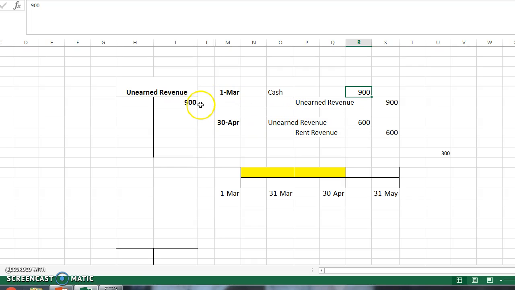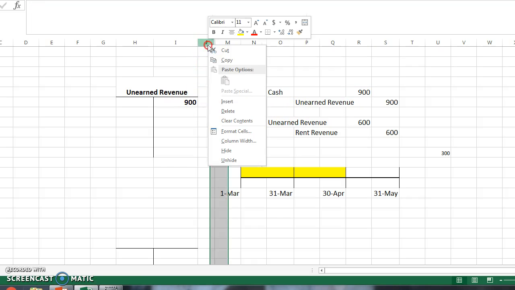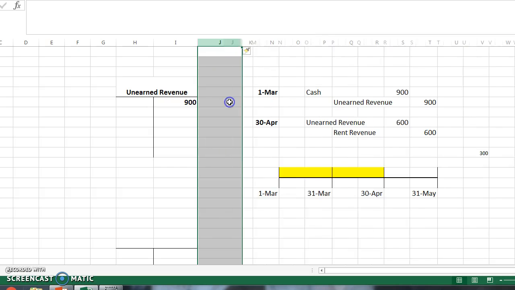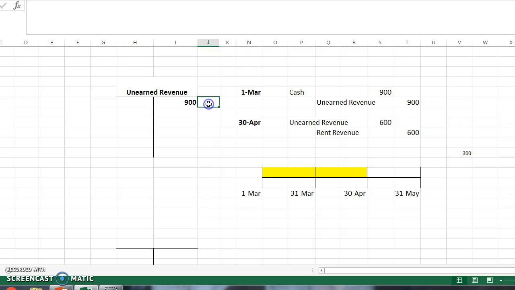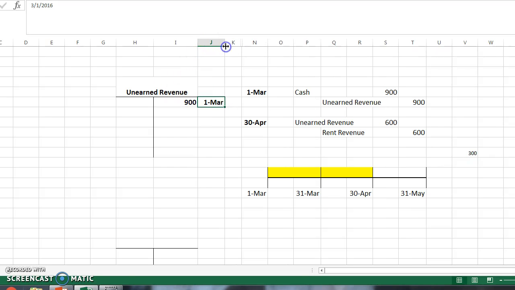So on March 1st, let's add another column here. On March 1st, we had posted the $900 when it happened, right? Okay. Then on April 30th, we booked the adjusting entry and we debited unearned revenue $600.